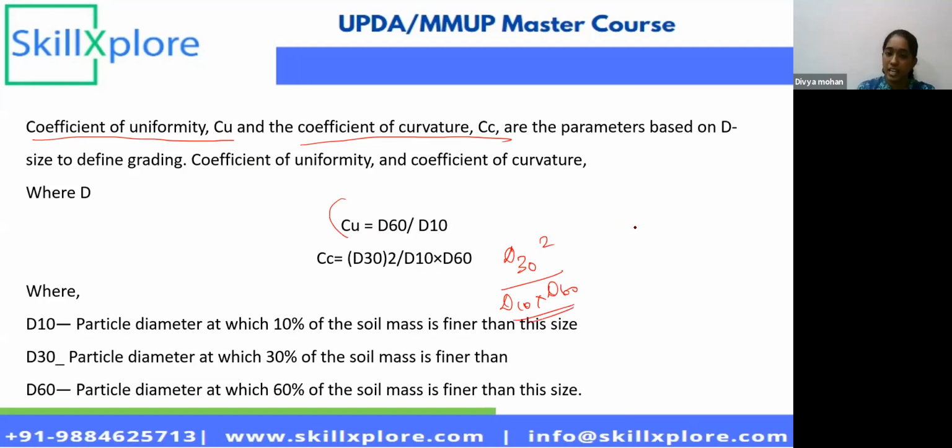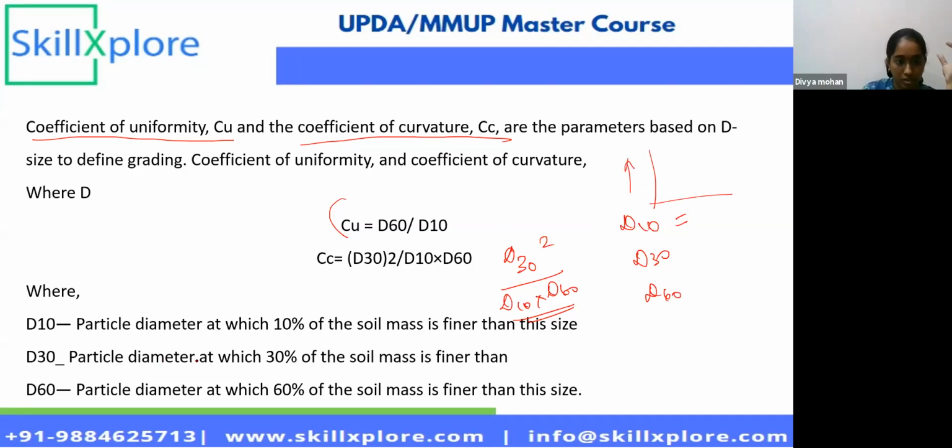And D10, D30, D60 are nothing but the particle diameters at which the distribution of particles is 10% less than, and so on. For example, I'll tell you in this graph.